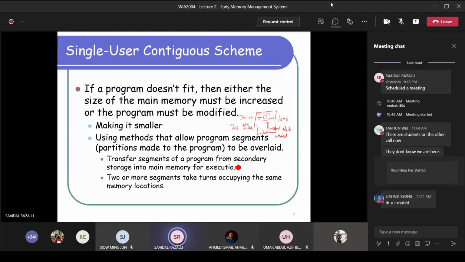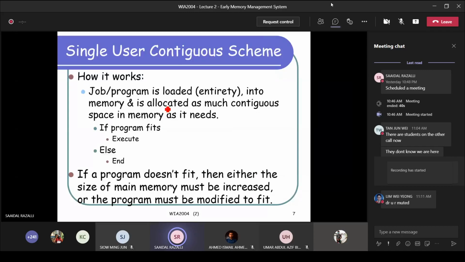Your hard disk drive or now solid state drive, SSD, or maybe your USB or whatever. This is your secondary storage, not RAM. This is non-volatile memory. Two or more segments take turns occupying the same memory locations.